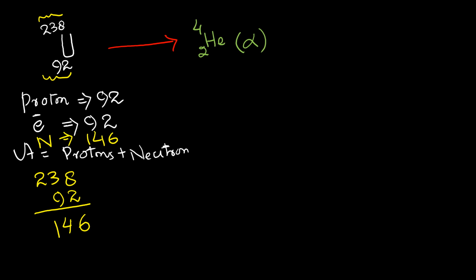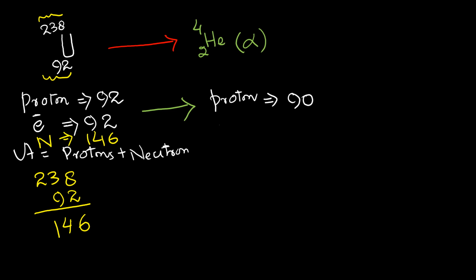When uranium gives off an alpha particle, the number of protons in the uranium atom decreases by 2, and the number of protons will become 90.